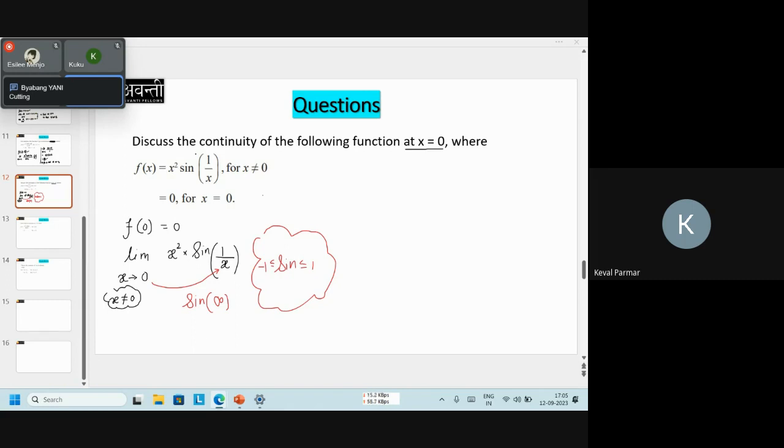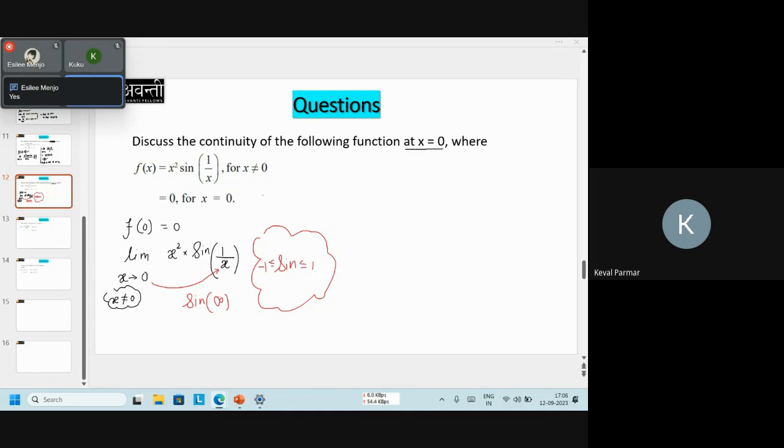How is the audio coming? Now it's proper? Okay, hello, hello, hello. Now the audio should be proper. Yes. Okay, let's try this way. After some time I'll turn on my video.